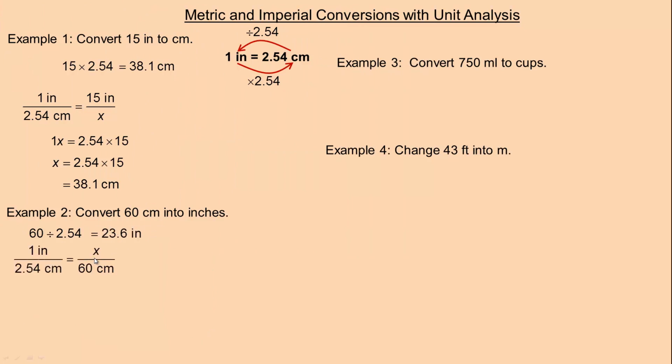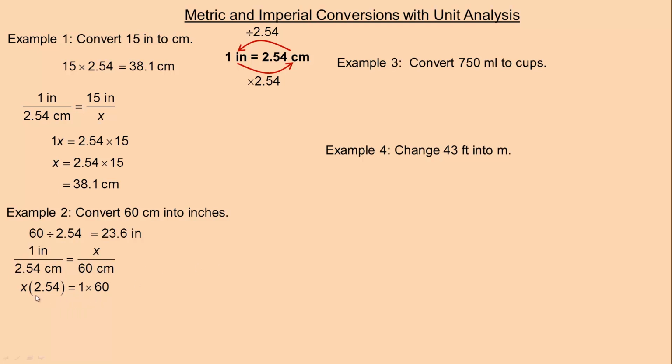If you want to set up a proportion again, 1 inch is the same as 2.54 centimeters. Now it's 60 centimeters. See, my centimeters are in the denominator at the bottom. So I'll put my 60 centimeters here, with my unknown on top of it. When we cross multiply, x gets multiplied by the 2.54, and that would equal the product of 1 and 60. Again, I'm going to drop the units here, but I'll talk about them afterwards.